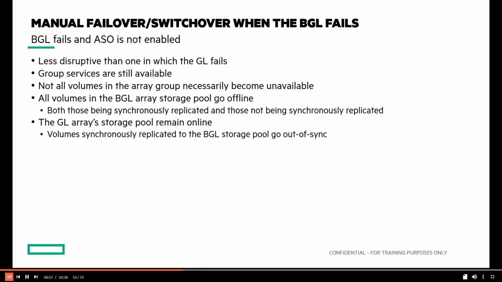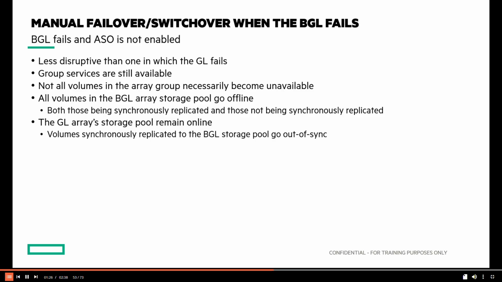The volumes hosted in the group leader array storage pool remain online, although the volumes that are being synchronously replicated to the backup group leader storage pool go out of sync. The group leader array's copy of the volumes that are being synchronously replicated from the backup group leader array are online, but the paths to those volumes are the standby paths until manual intervention takes place.